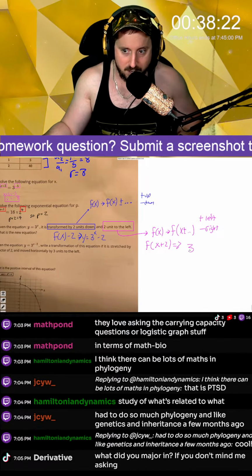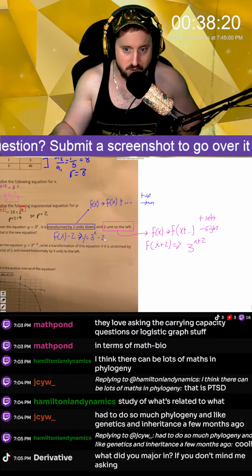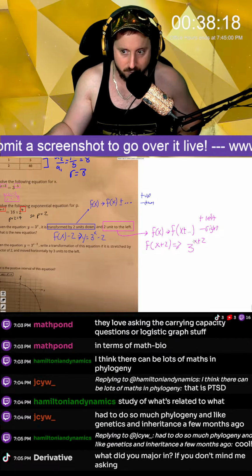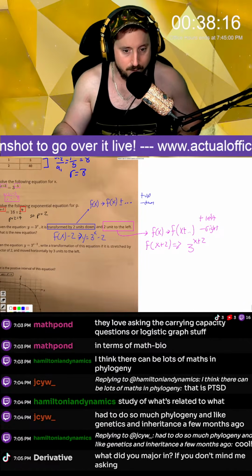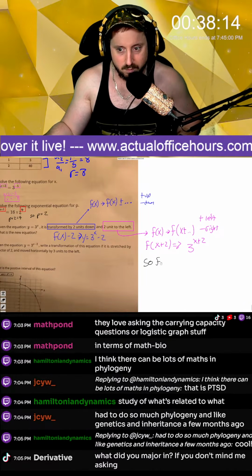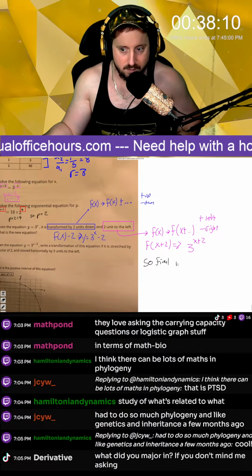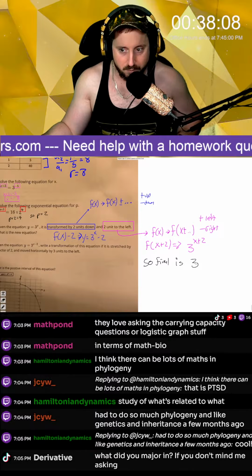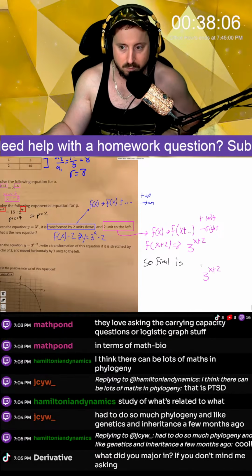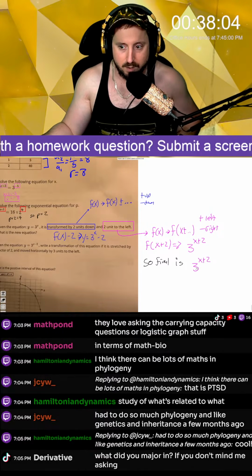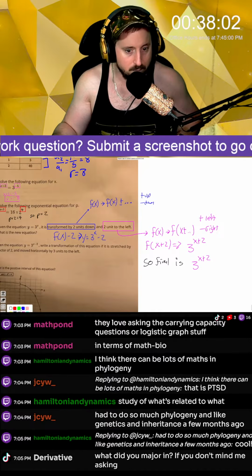So that's going to be 3 to the x plus 2. So then you just kind of combine the 2 different transformations. So your final thing. So doing both things is 3 to the x plus 2, and then you can say minus 2.